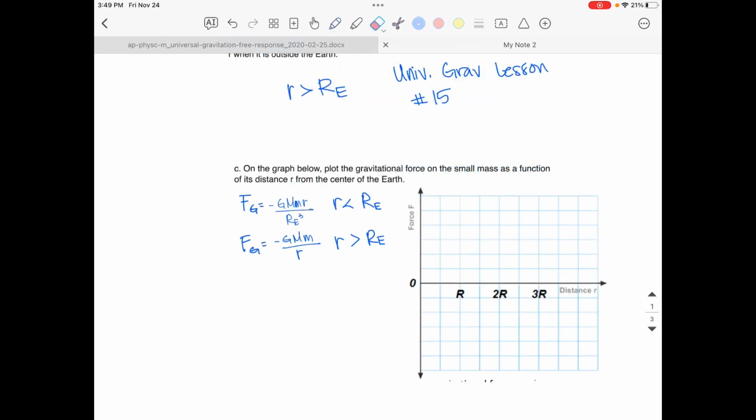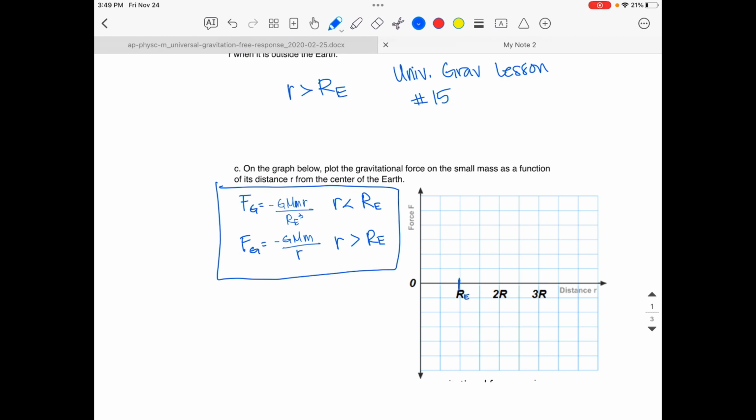So for part C, we've got the function for the force of gravity when it is inside the Earth, and the function for the force of gravity when it is outside of the Earth. So in this scenario, we know that there's going to be a change at r, if we call it r_e, the radius of the Earth.